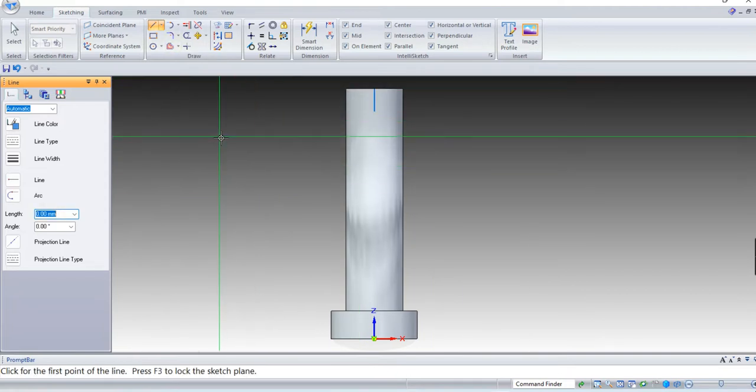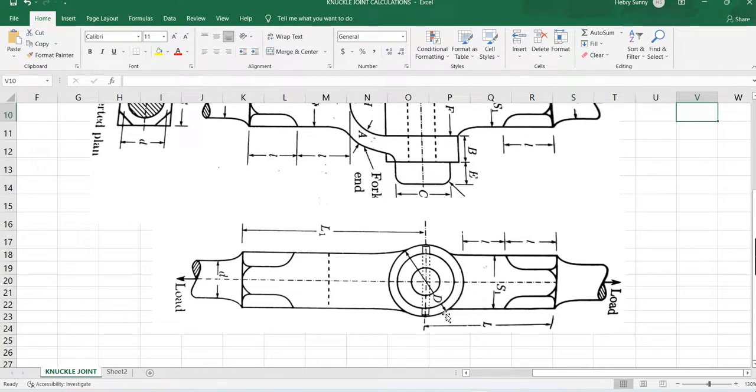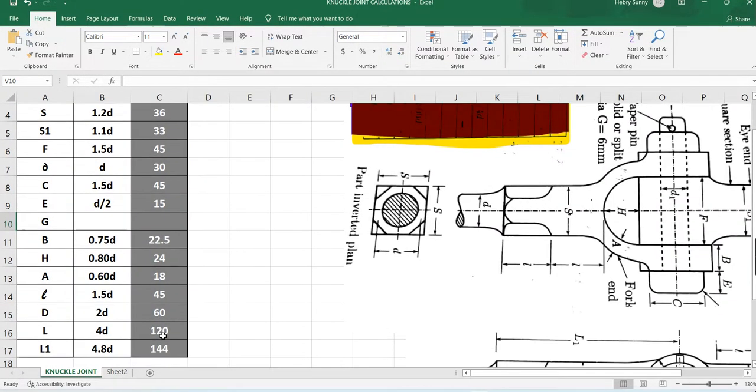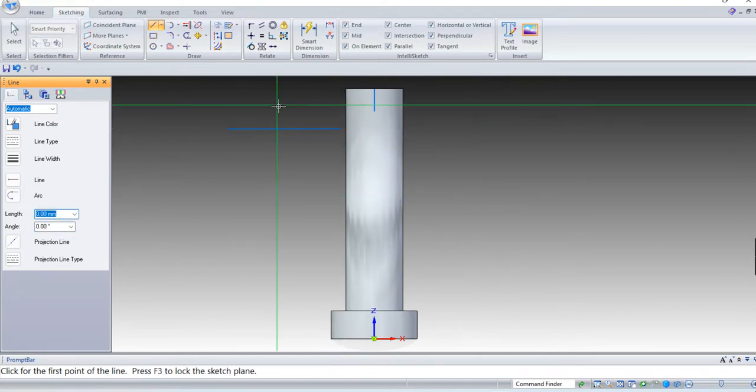Next, draw one horizontal line of a length. From top view we can see capital D is 60 mm. So draw a length of 60 mm, capital D. Okay.